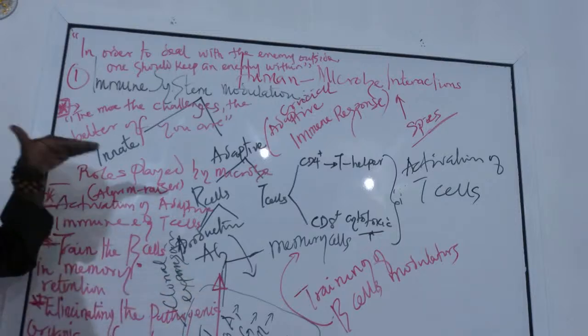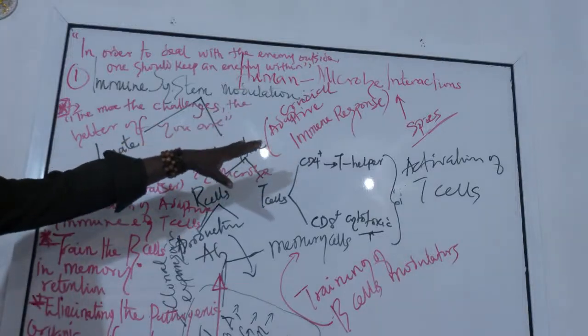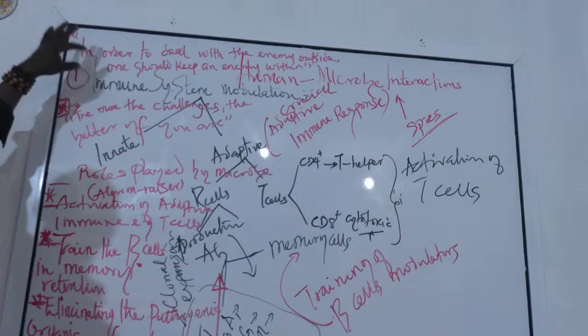They will raise it up so that at any point in time, your immune system is better off to be able to fight off the enemy. So that is the role of immunological modulators played by microorganisms.